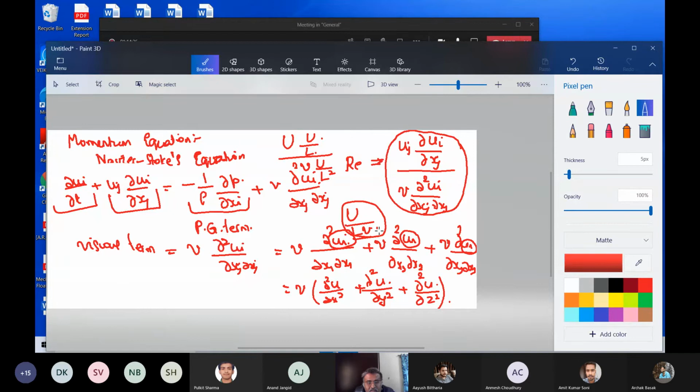I think I made a mistake. Yeah, one L will go to the top. Sorry. So UL by nu. So it will become the Reynolds number.